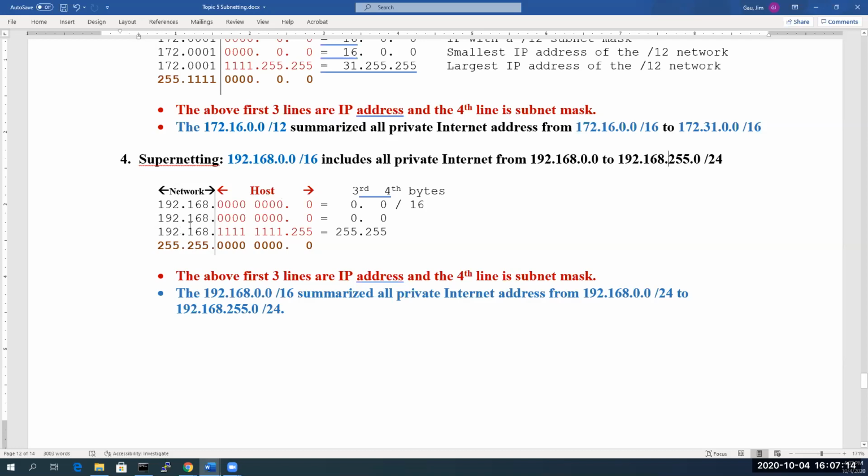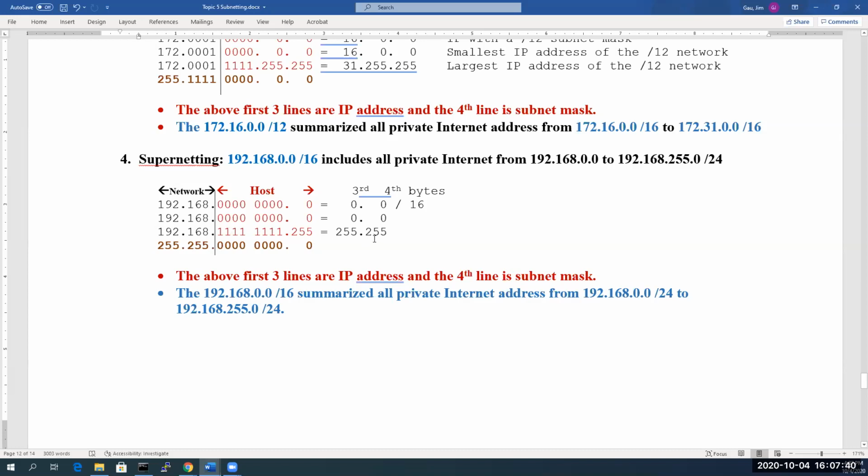So let's take a look at it with the same method that I asked you to use. You will see 192.168, right? And this time I'm not going to put in a one here. So you draw a line here. This is all the network, and this is all the hosts. Look at the host bits, designated in red here. The smallest one is zeros, and the largest one is 255.255.